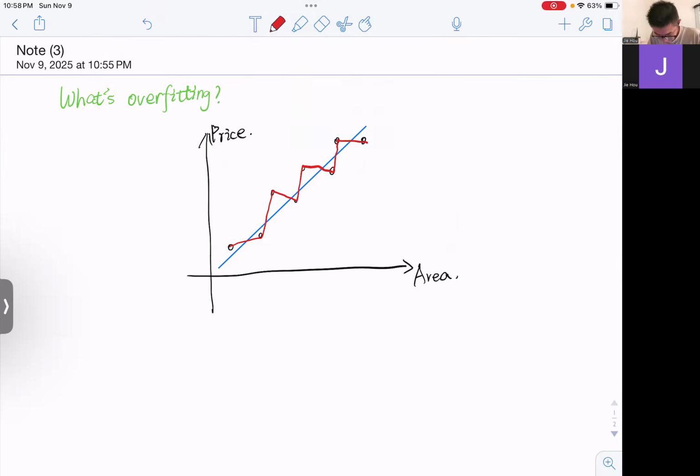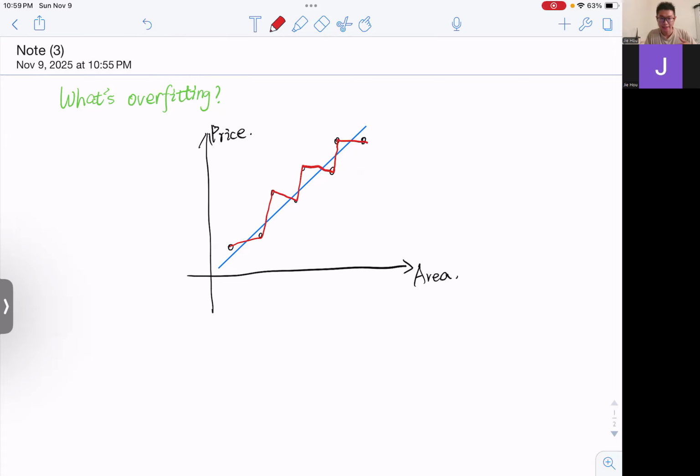Now we could call it model B, the red one. Model B fits each of the data perfectly. So now can we say model B is much better than model A? No, we could not say that.